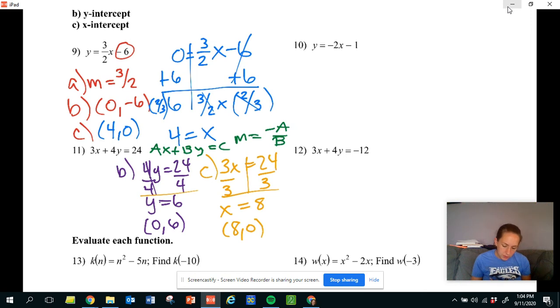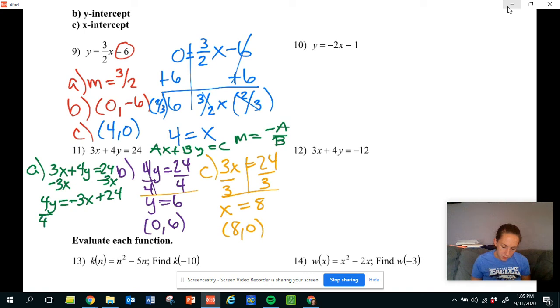Or if you're bad at remembering formulas, you can solve it for y. So 3x plus 4y equals 24. Subtract 3x on both sides. So 4y equals negative 3x plus 24.